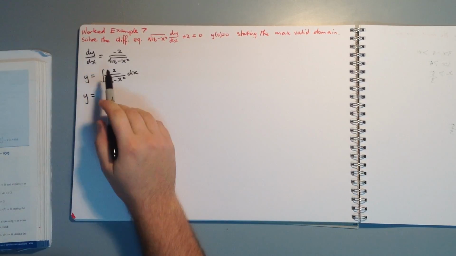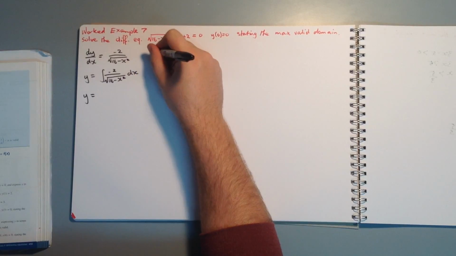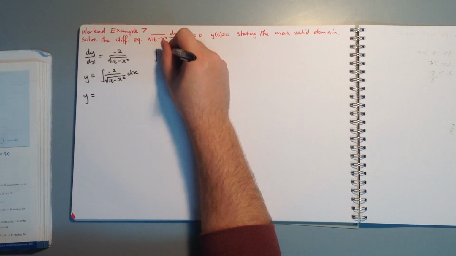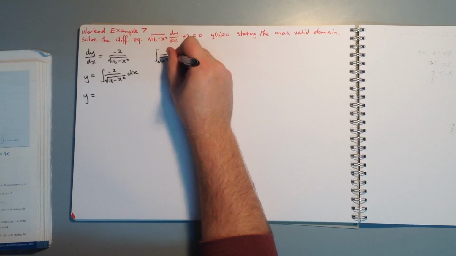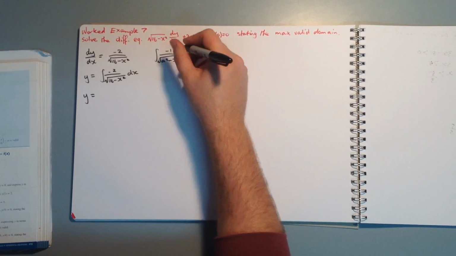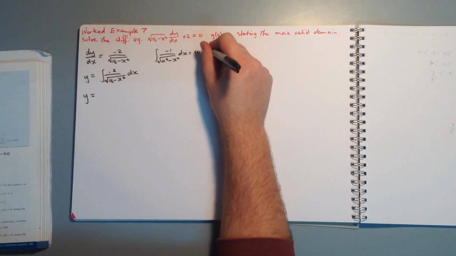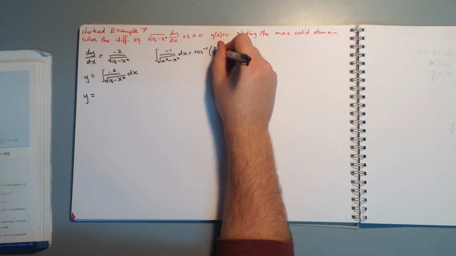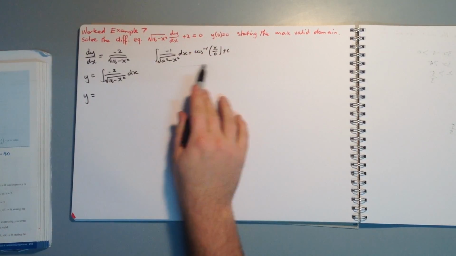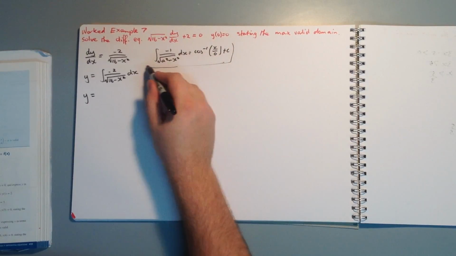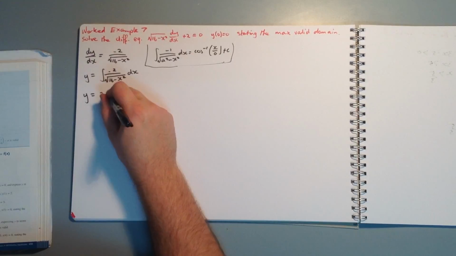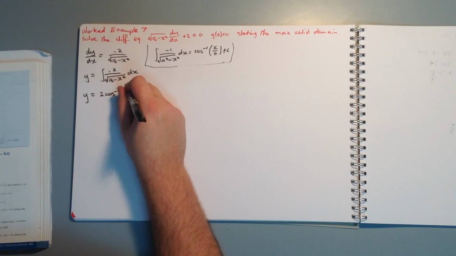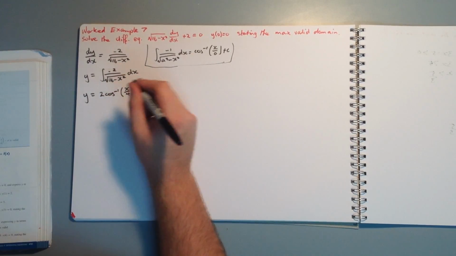So we use our integral of minus 1 over the square root of a squared minus x squared dx equals the inverse cos of x on a plus c. So we're going to be using this formula here to integrate this one, which means we're going to end up with 2 times the inverse cos of x on 4 plus c.